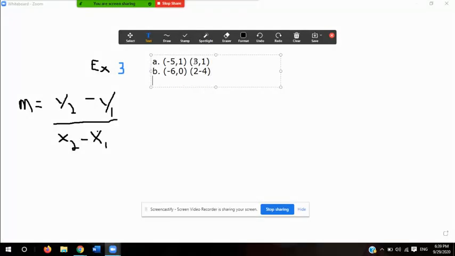That would be B. C would be -1 and 3 and 5 and 8. So -1 and 3, 5 and 8.